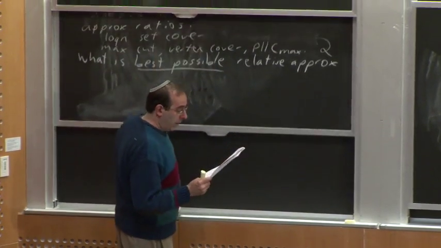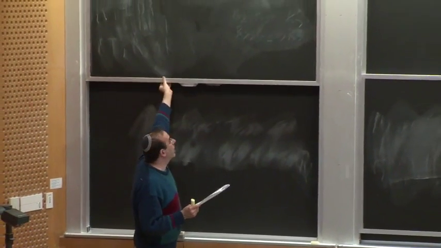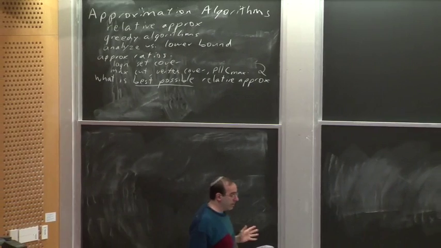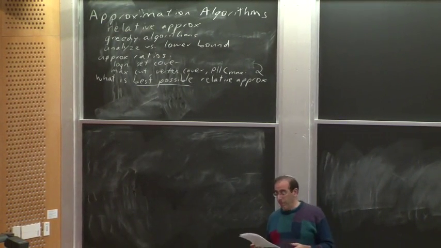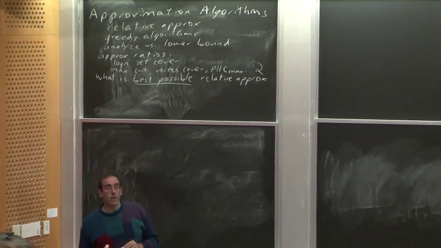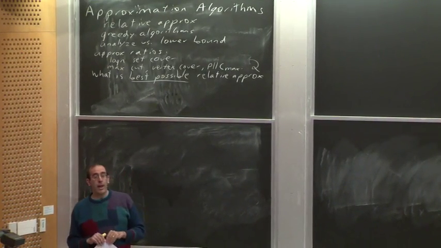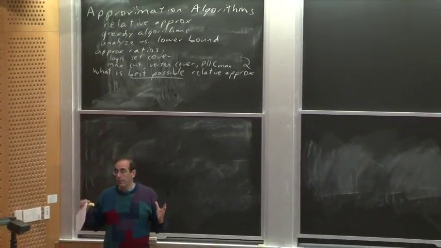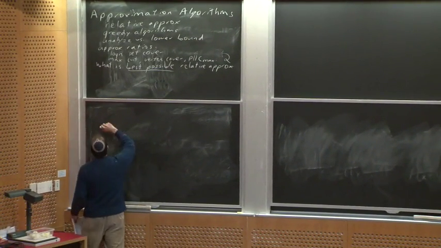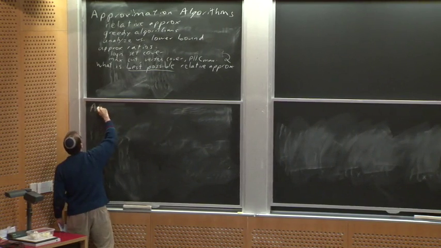So let's get started. We're talking about relative factor approximations. There are lots of constants better than 2. I'm actually going to show you a class of algorithms which can have any constant that you want as their approximation ratio. So we're actually going to look at approximation schemes.